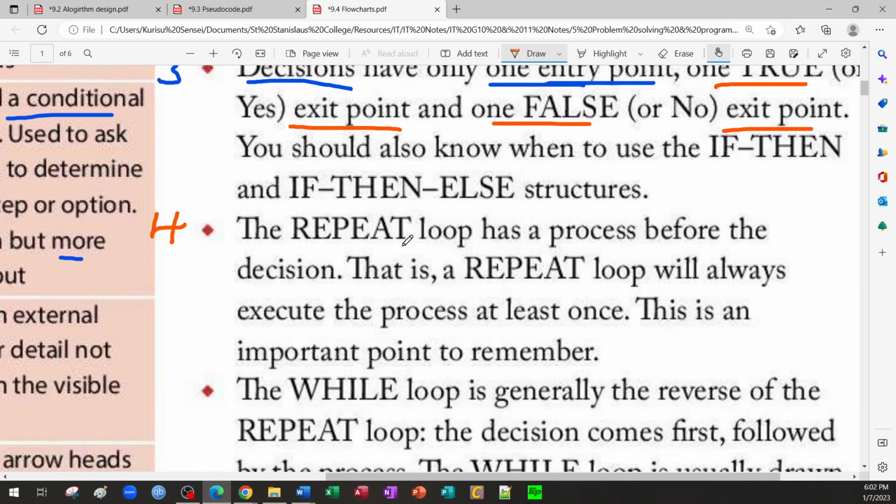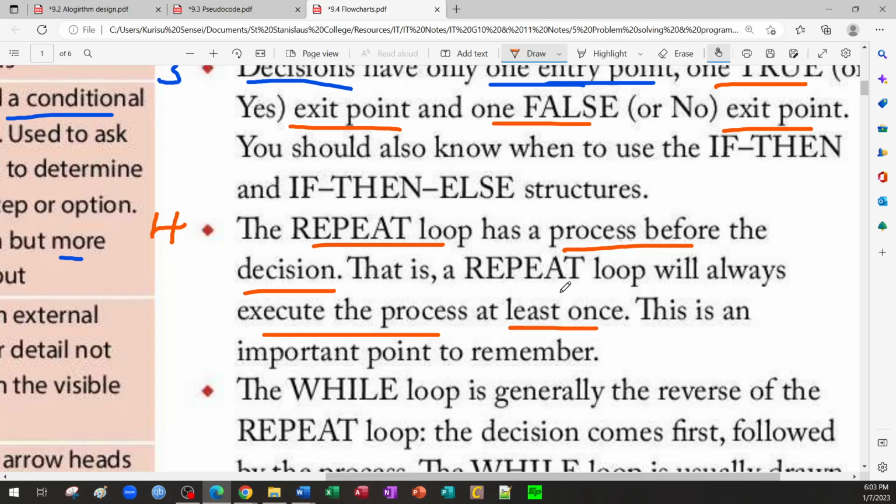Our fourth rule, the repeat loop has a process before the decision. That is, a repeat loop will always execute the process at least once.